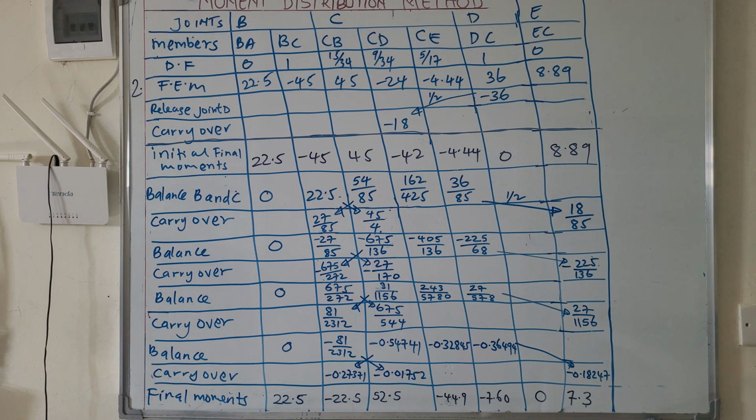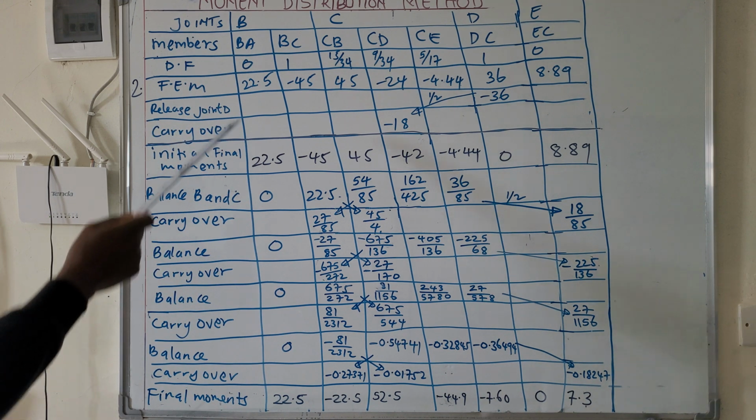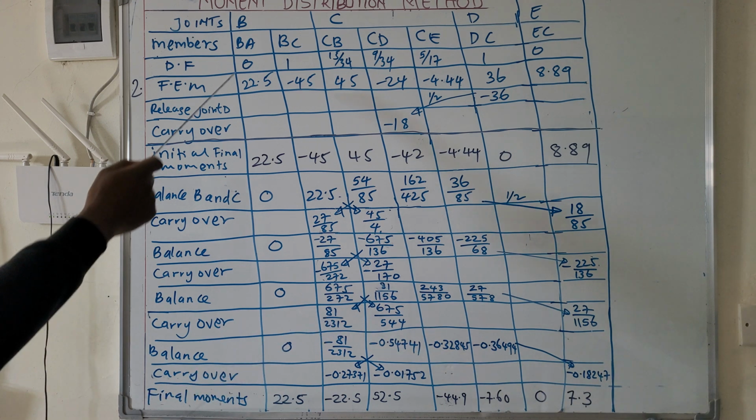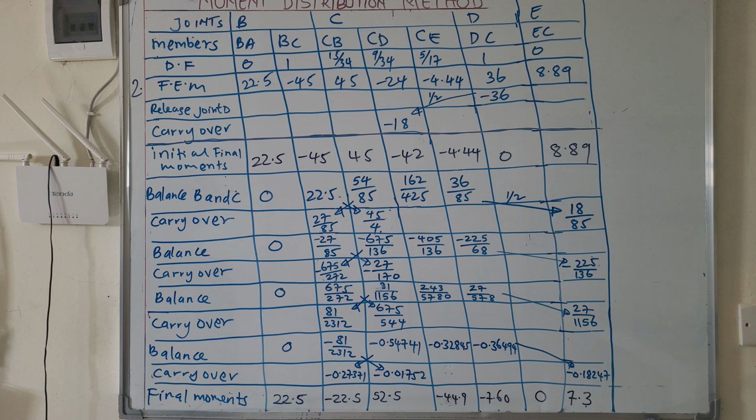So we take the opposite sign of positive, which is negative. So negative 81 over 23 over 12 is distributed equally to these members by multiplying with the distribution factors. So negative 81 over 23 over 12 times 0 is 0. Negative 81 over 23 over 12 times 1 is this one.